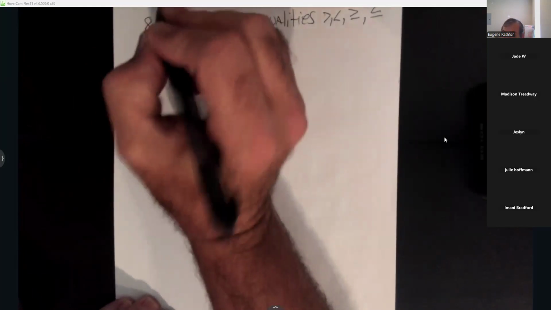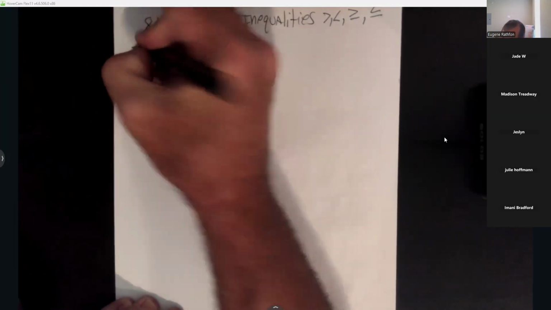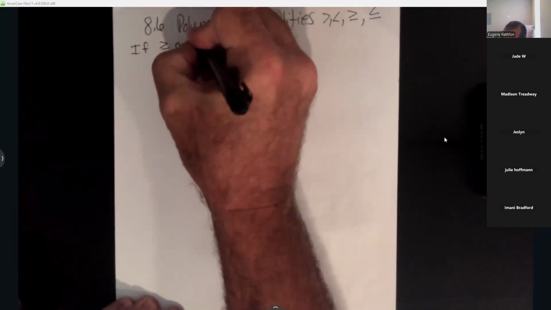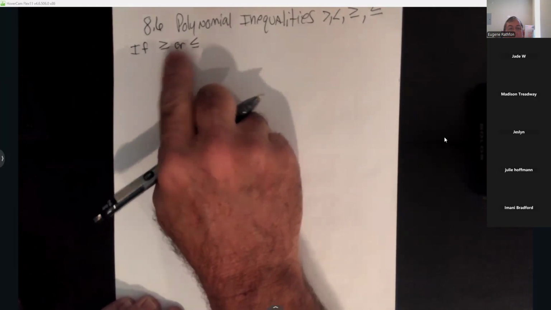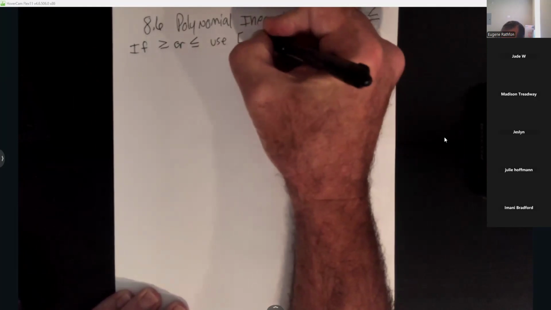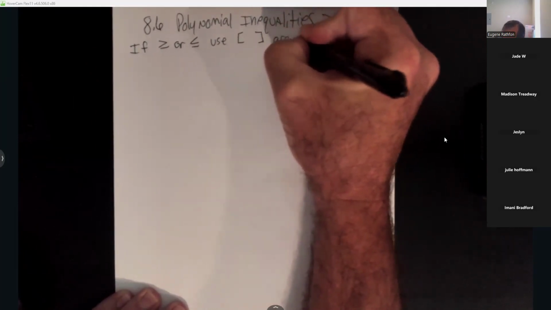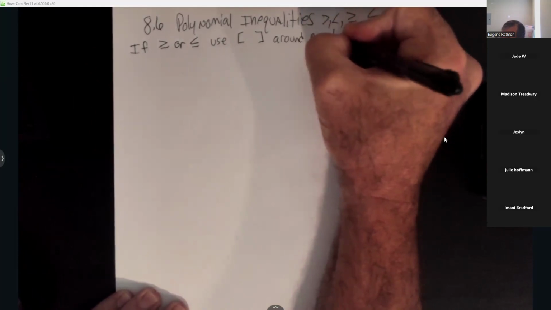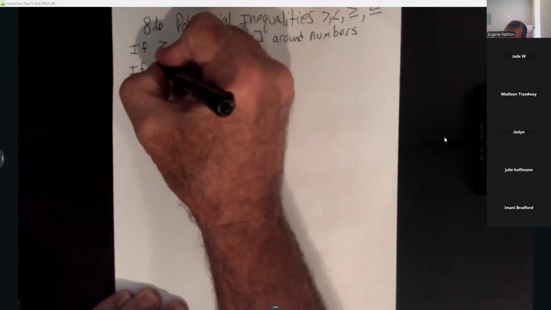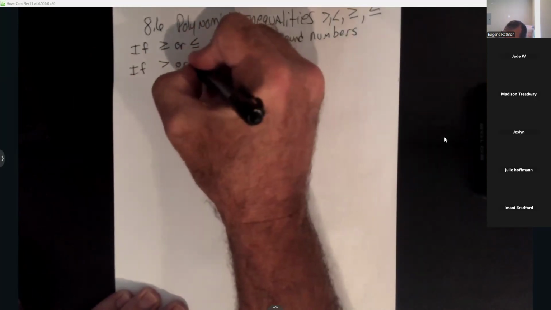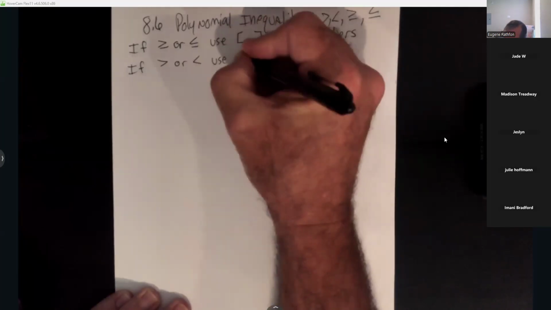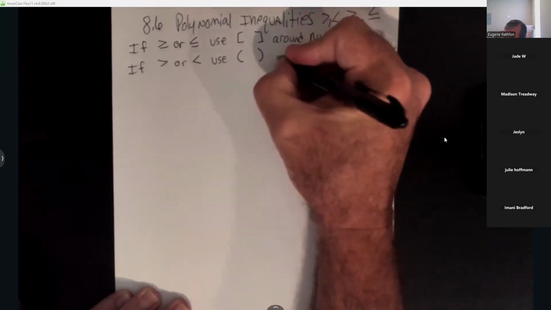So the trick in interval notation is, if we have greater than or equal to or less than or equal to, we're going to use brackets around the numbers. Otherwise, if we have just greater than or less than, if it does not have equals, that's when we're going to use our parentheses around the numbers.